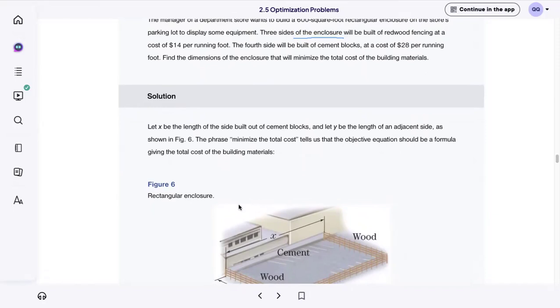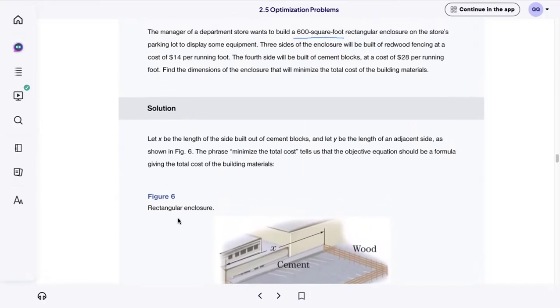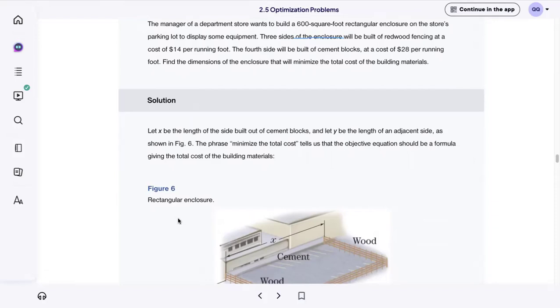Then, 3 sides of the enclosure will be built of redwood fencing at a cost of $14 per running foot. The 4th side will be built of cement blocks at a cost of $28 per running foot. So find the dimensions of the enclosure that will minimize the total cost of the building material.